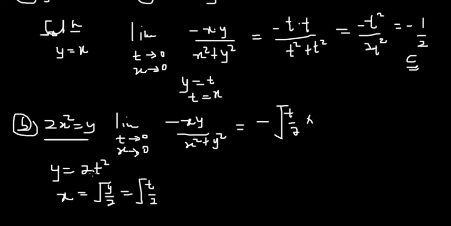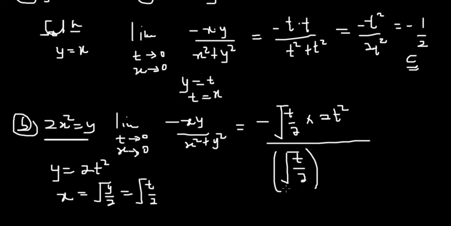So y is 2t squared, and then you divide that by s squared. S squared is this expression, so we have root of t on 2, all squared, and then plus y squared, which is 2t squared, so we have 2t squared all squared.